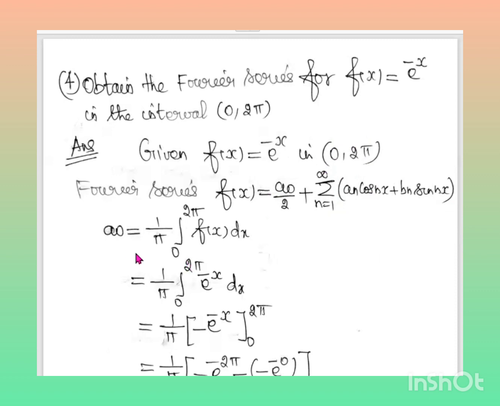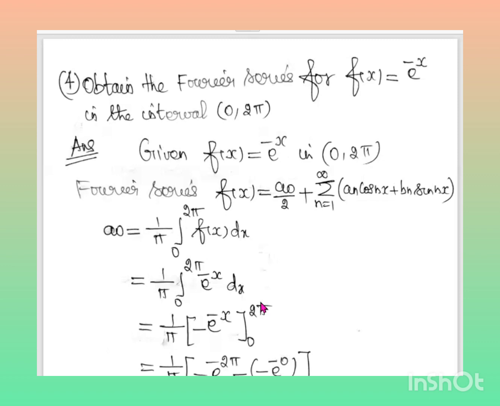a0 = (1/π) integral over the limit 0 to 2π of f(x) dx, which is equal to (1/π) integral from 0 to 2π of e^(-x) dx. You know very well that integral of e^(ax) dx is e^(ax) divided by a.